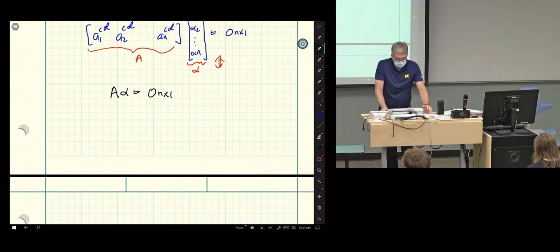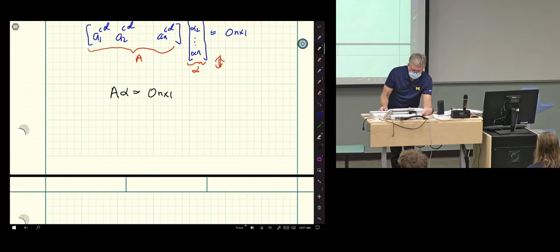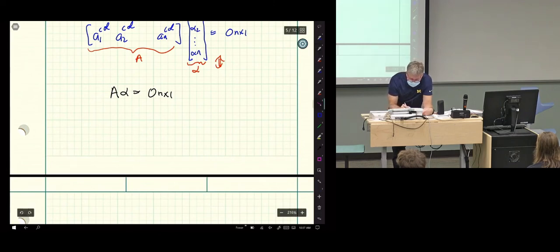Well, we know our necessary and sufficient condition for AX equals B to have a solution and it be unique is determinant of A not equal to 0. B just happens to be 0, that's fine. So alpha equals 0 is always a solution, but if it's unique, then that's the only solution.